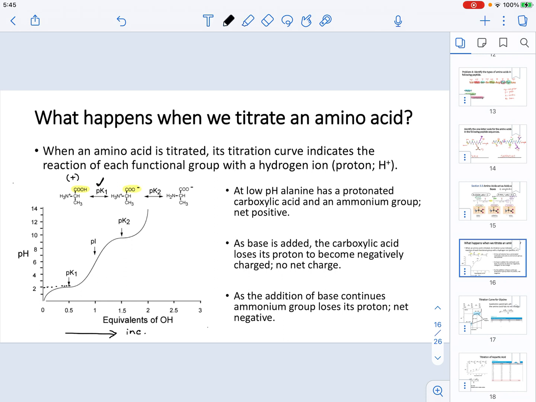So around pH 2, your carboxylic acid will be losing the proton.